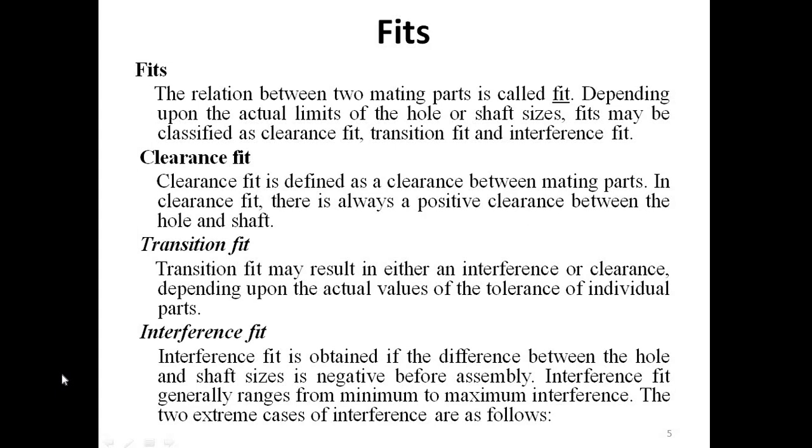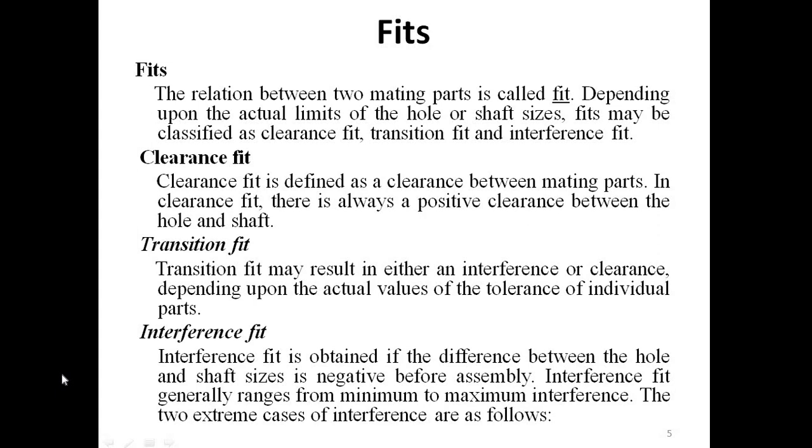Second type is interference fit. Interference fit is obtained if the difference between the hole and the shaft sizes is negative before assembly. That is, the size of the hole is smaller than the size of the shaft, meaning the size of the shaft is greater than the size of the hole.